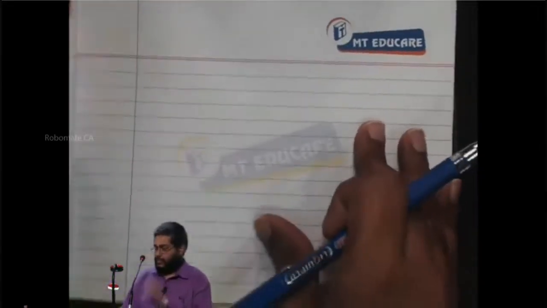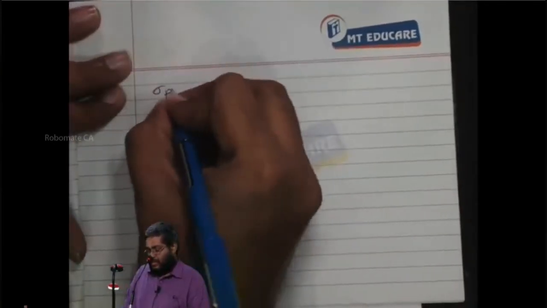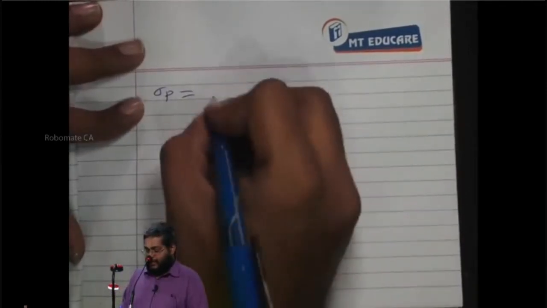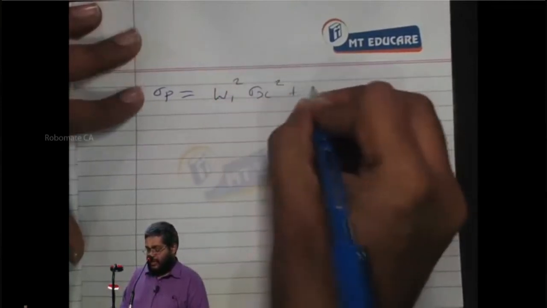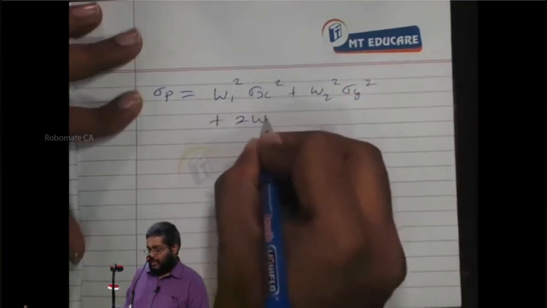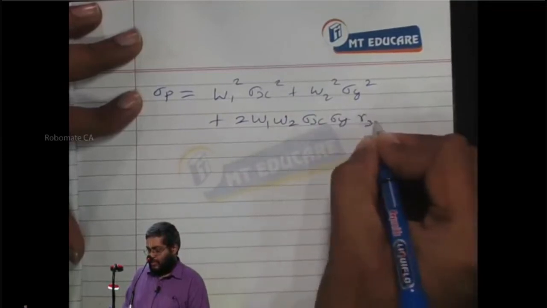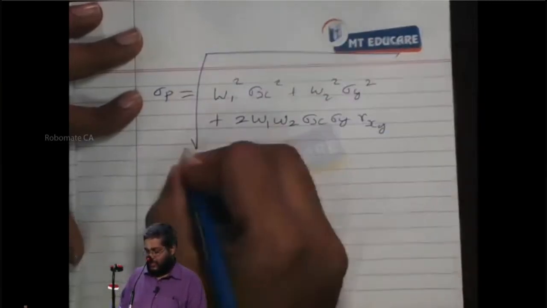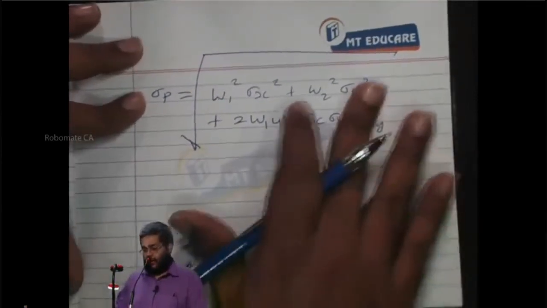Okay, see. Sigma P is equal to, now tell me what is the standard deviation of portfolio formula? The square root of W1 square sigma x square plus W2 square sigma y square plus 2 into W1 into W2 into, yes or no? About the square root, right or not? Now, some books rightly write as follows.